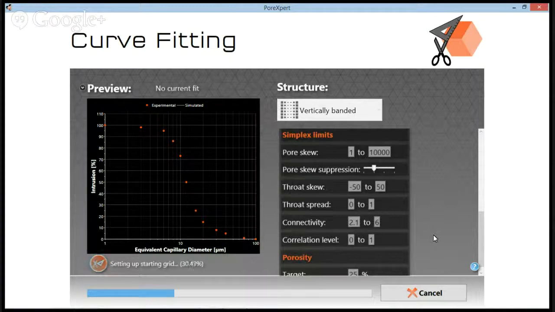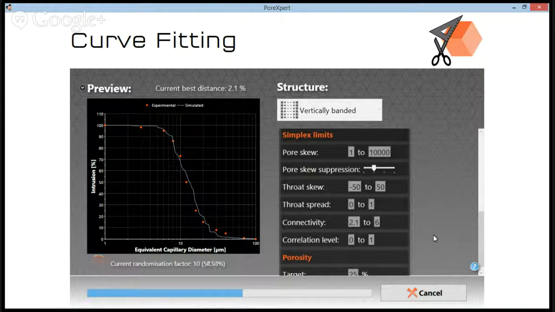So when it sets up the starting grid, it doesn't try to find the best answers to start with. It tries to find a range, some good, some bad. So it straddles parameter space. And when that number there gets to 50%, it will have done that, and then it will start moving the simplex around, which we'll see in a second. And we also see the graph on the curve.